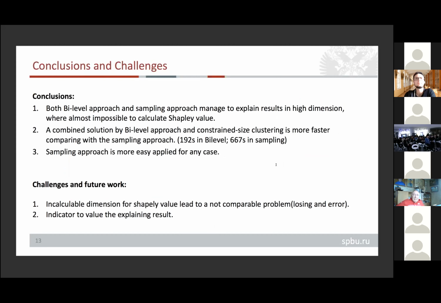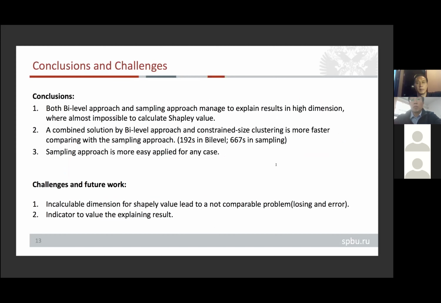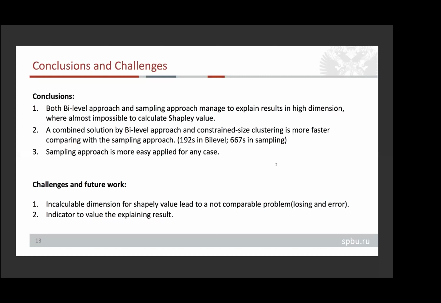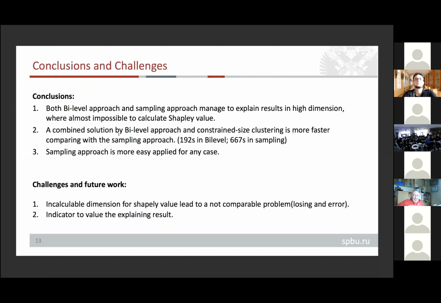Okay, so here is the conclusion. Briefly, we propose two solutions, not for solving the problem, but for explaining results in high dimension, when too many players lead to an incalculable problem. We also compared the time performance. We found that the bi-level approach is faster than sampling.